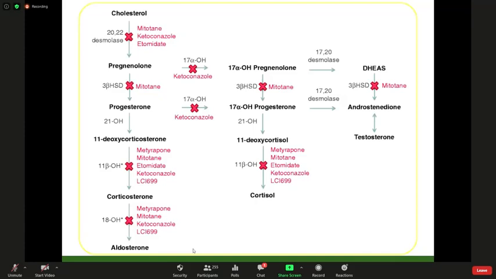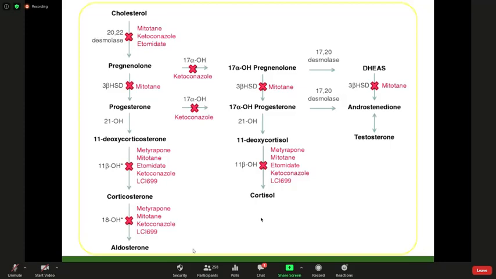And anong gamit nitong mga inhibitors na to? They're mainly actually adjuncts for the treatment of Cushing's disease. Kunyari, inoperable siya or preparing for surgery. Gusto mong ibaba yung cortisol levels because the sugars are going up, the patient is hypertensive, difficult to control. You may want to give certain drugs that will lower down your cortisol level.